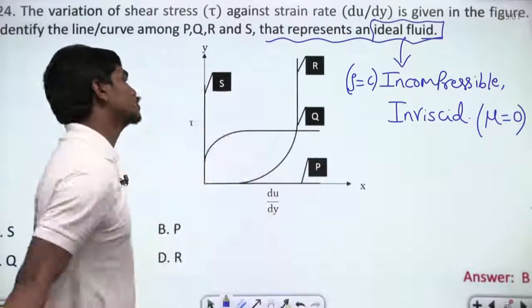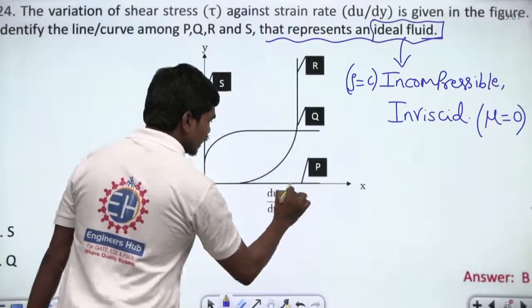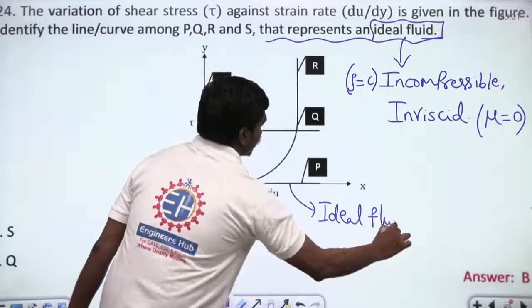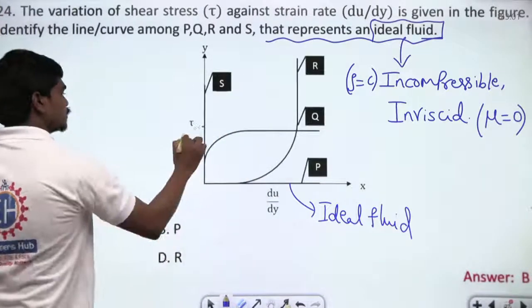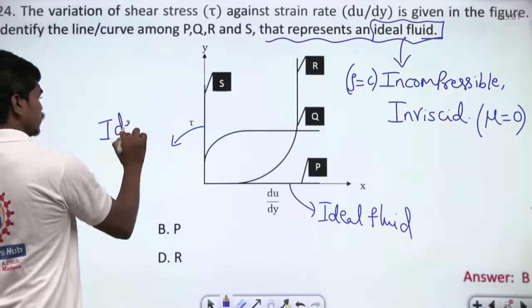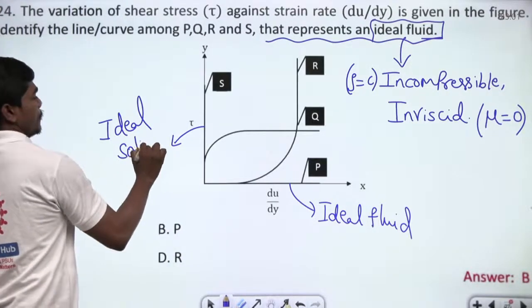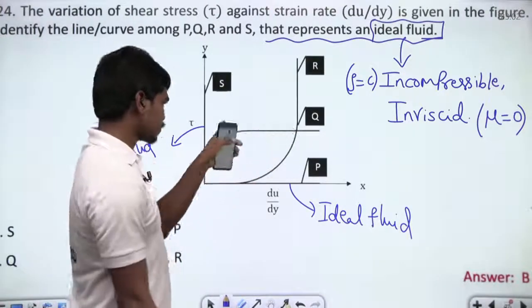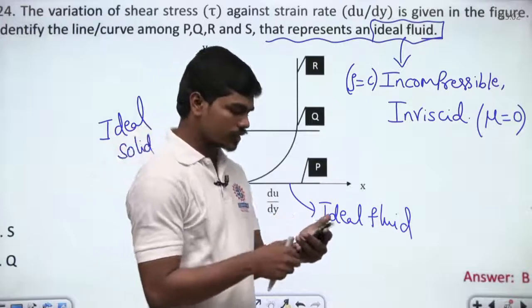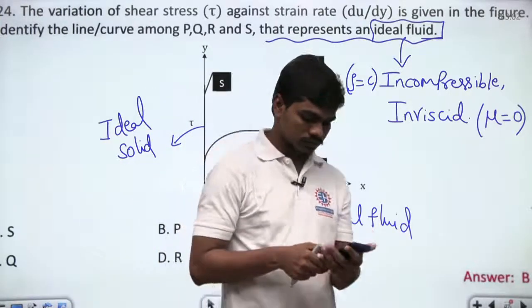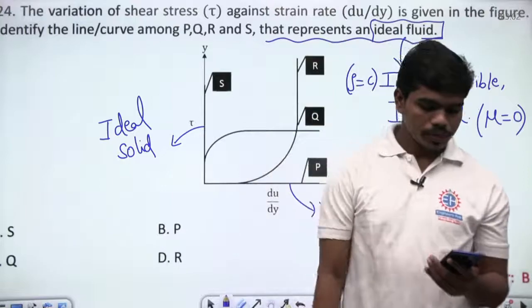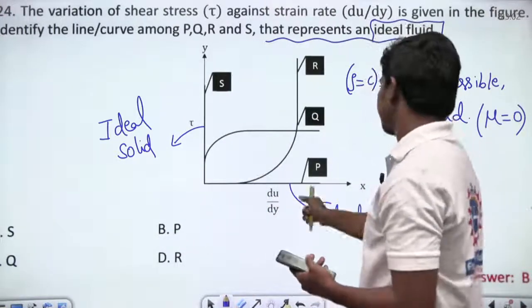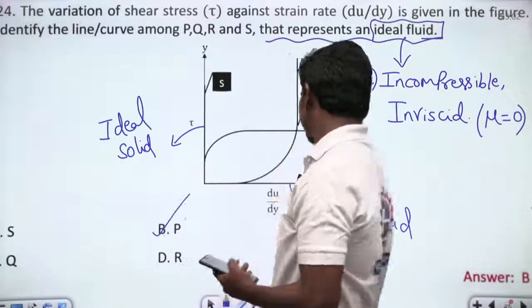I told you clearly on that day, this line P corresponds to an ideal fluid, and this line corresponds to an ideal solid. And of course, these are dilatant, and this is for pseudoplastic fluids. We have discussed all these things in detail. So the correct answer for what represents an ideal fluid is this curve. So P is the fluid which is ideal.